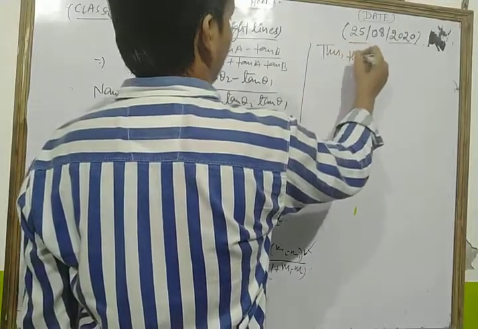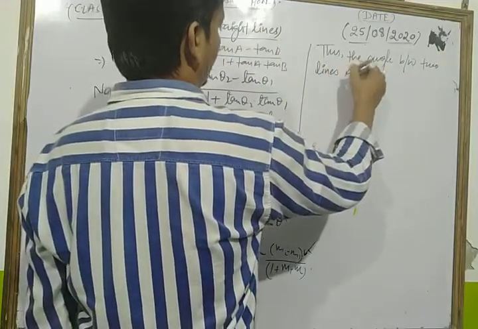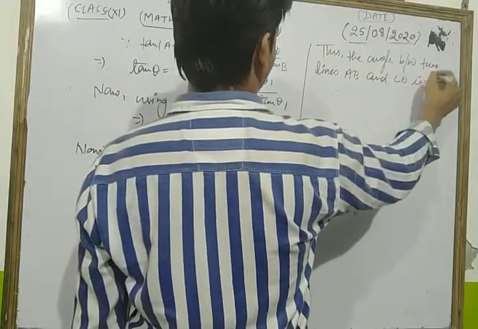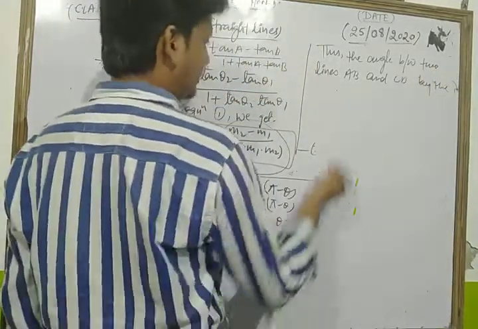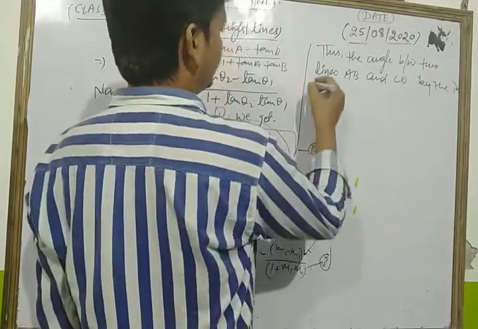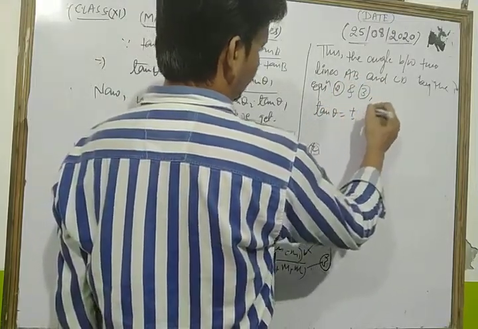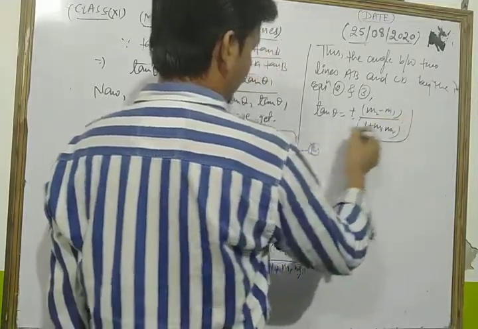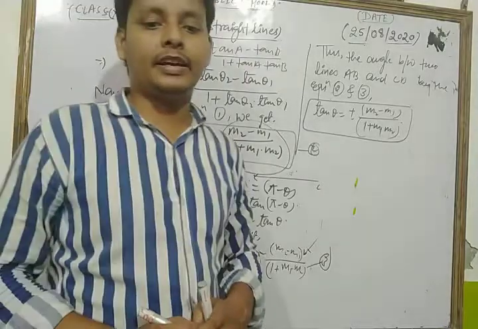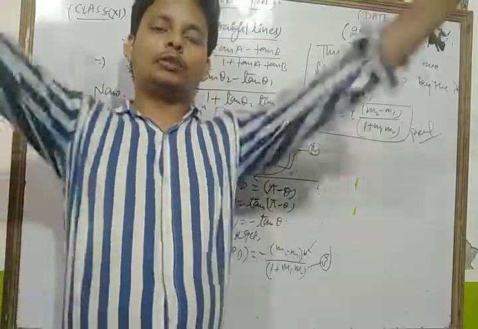Thus the angle between the two lines AB and CD, by equations 2 and 3, we get tan theta is equal to plus or minus m2 minus m1 upon 1 plus m1 into m2. Hence we prove the result.